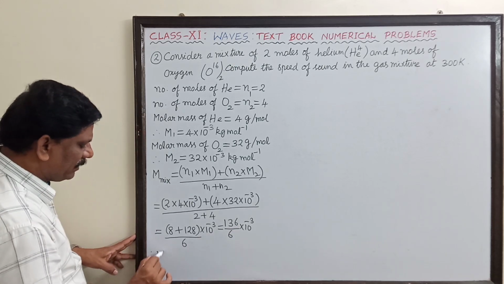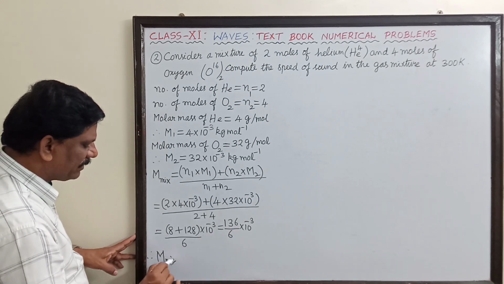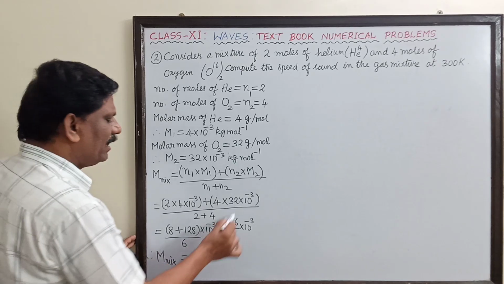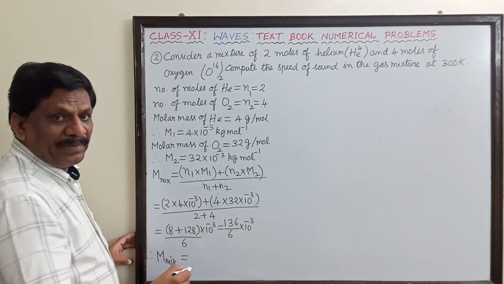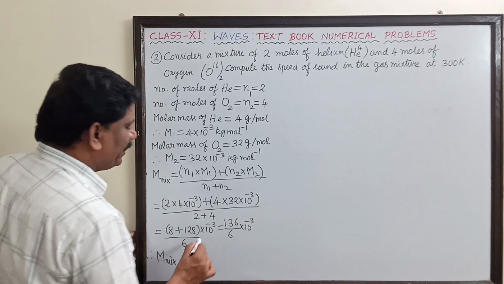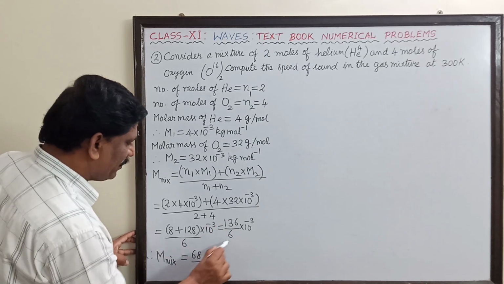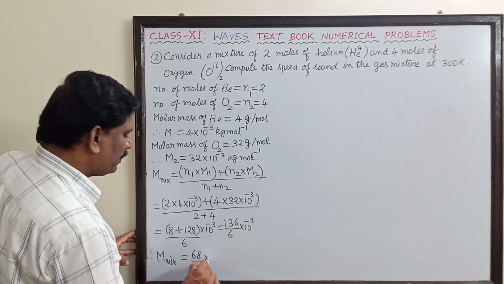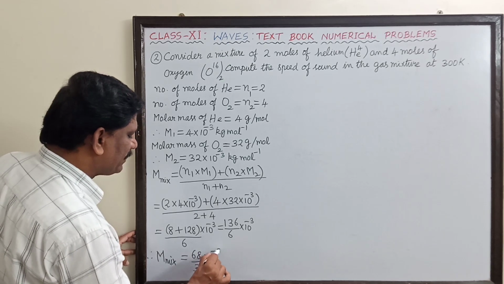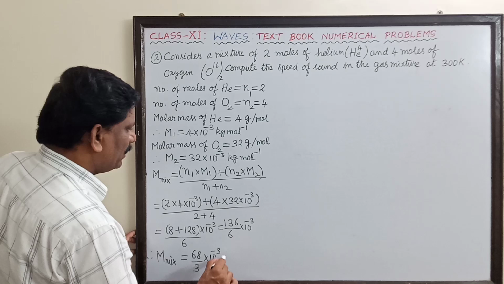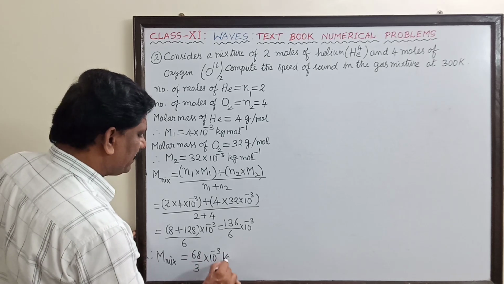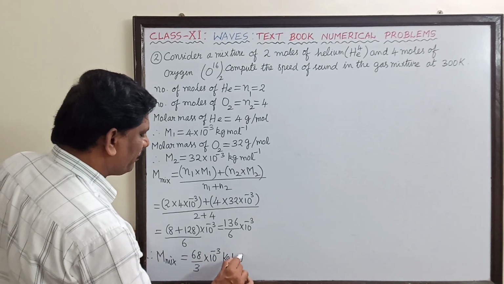This can be divided by 2, so 136 by 2 is 68. Therefore, the mass of the mixture is 68 divided by 3, 2 threes are 6, into 10 to the power of minus 3 kilogram per mole.